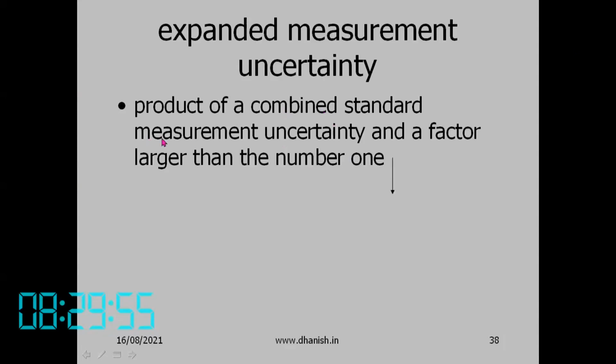Expanded measurement uncertainty is the product of a combined standard measurement uncertainty and a factor larger than the number 1. So you multiply combined standard uncertainty by some number and you get expanded measurement uncertainty. It is something like how many standard deviations will give the confidence interval.